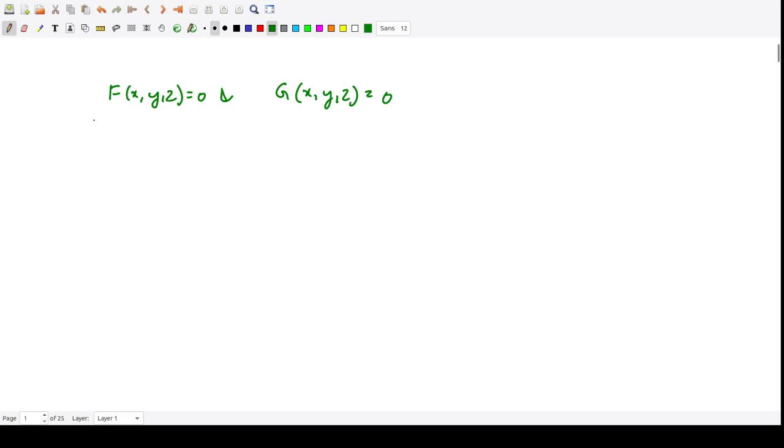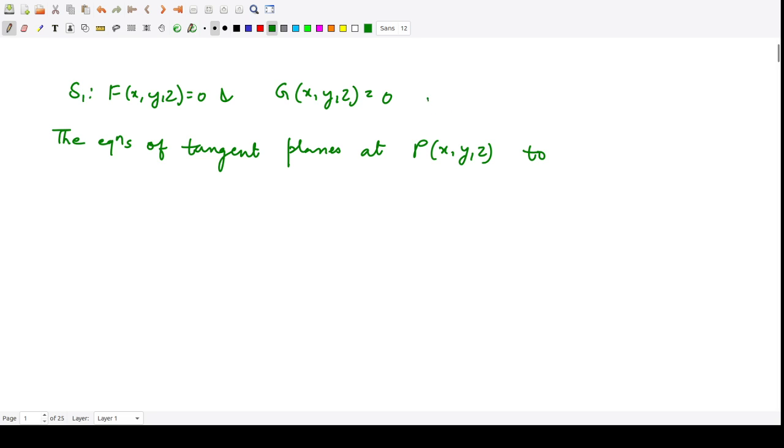Then we will write the equations of tangent planes at the point P of x y z to the first surface S1 and to the second surface S2.